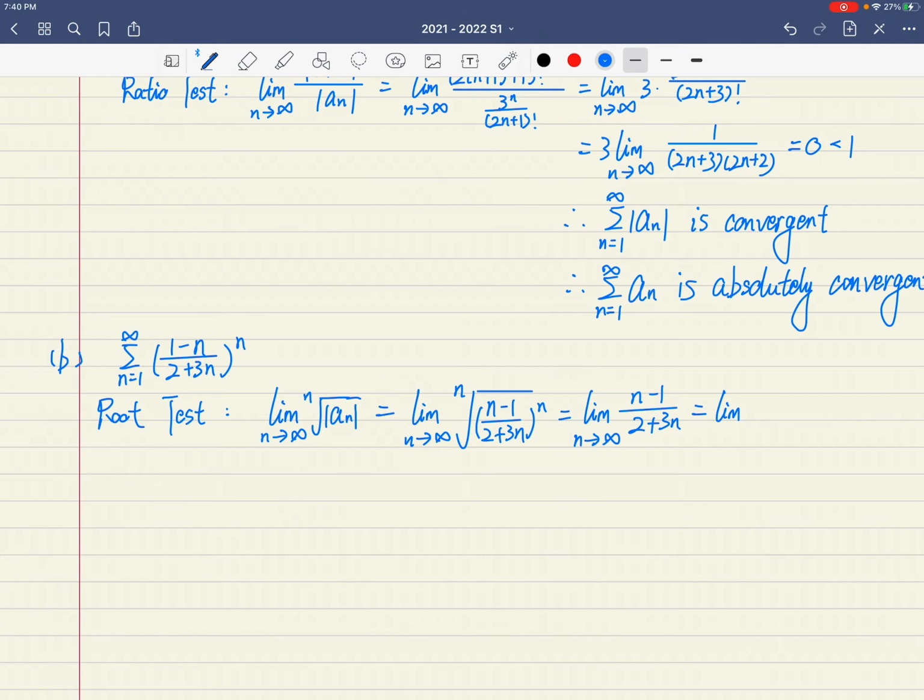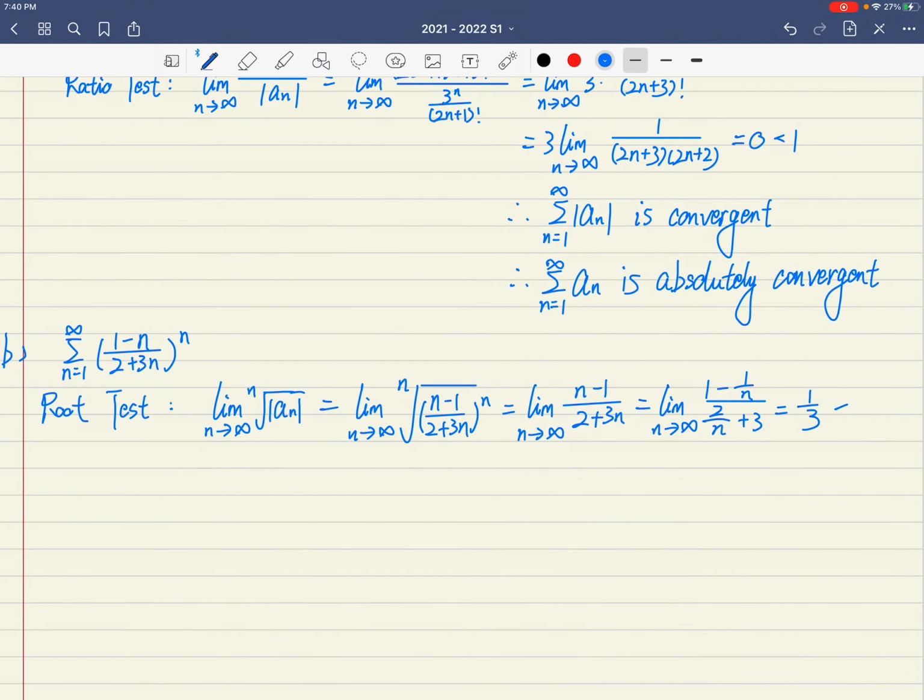Here I can divide the top and the bottom by n. So I have 1 minus 1 over n, over 2 over n plus 3. When n approaches infinity, it is 1 over 3, which is smaller than 1.